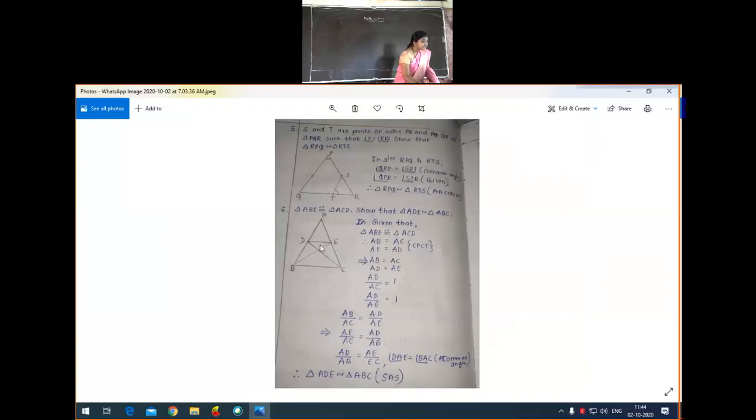See here, AE by AC is equal to AD by AB, the result we got, and also we can observe this angle A is common. Angle A is common here. So using the SAS rule, can we say that triangle ADE is similar to triangle ABC?